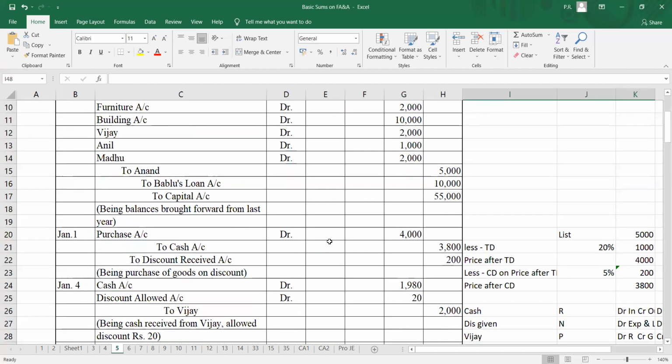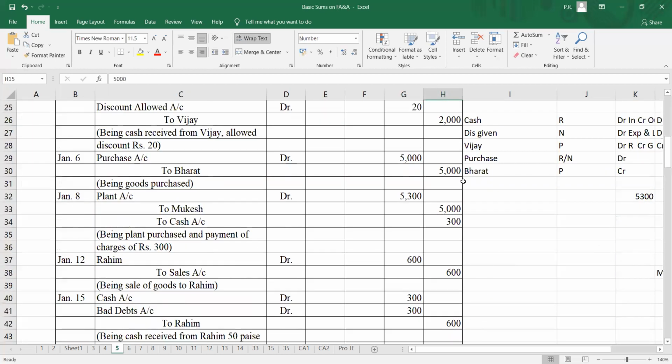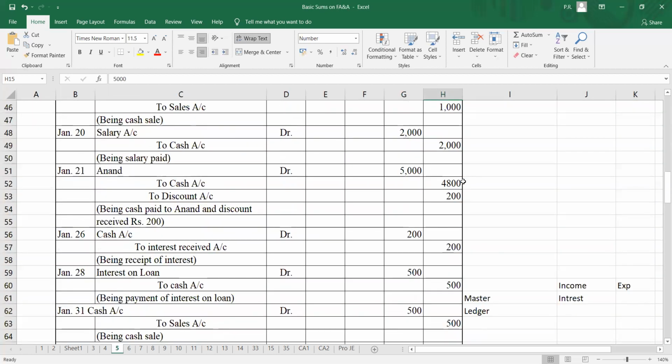Okay, something is missing. We have over here Anand given as an opening credit balance. That means he is the giver of benefit. He has sold us goods for 5000 rupees. We have to pay him rupees 5000. However, in this case, how much are we paying? We are paying him rupees 4800.